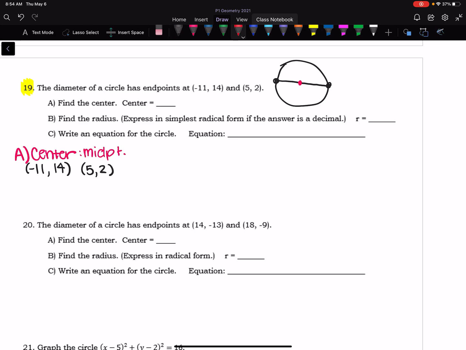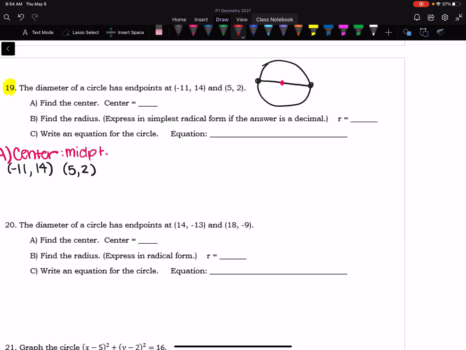And our midpoint formula, which I'll write off to the side here, is just our x coordinates added together and divided by 2, and our y coordinates added together and divided by 2. So with our 2 points, we always have an x and a y coordinate in each one.